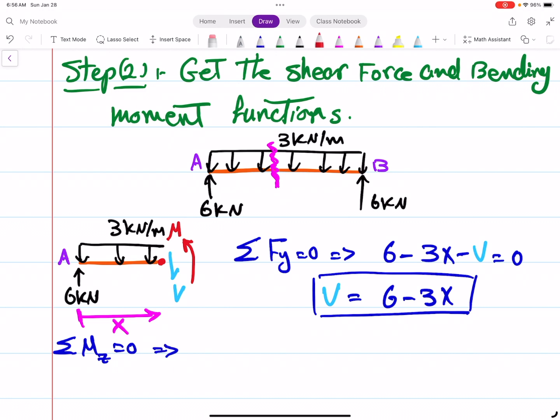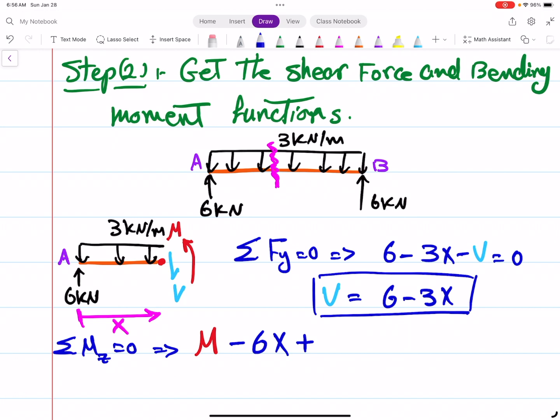So we have the moment M, and then we have the 6 kilonewton multiplied by X. This is the length, and this should be negative because it is clockwise, and then plus the point load equivalent to this distributed load.